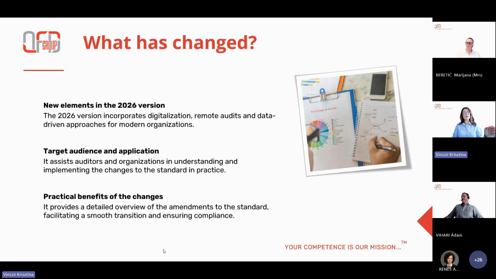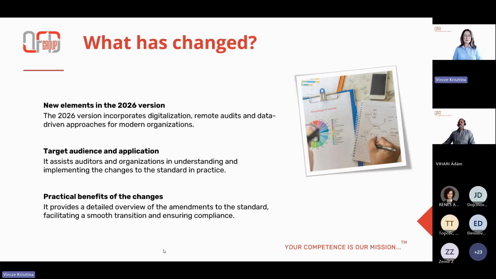As in any case in the automotive business, not only in the auditing system but in the whole automotive life, digitalization is very important. Another new item is how we can use AI in the management system, and of course the question of how we can use it in auditing. Also, what kind of digitalization evidence we can accept from the auditees during our audit.